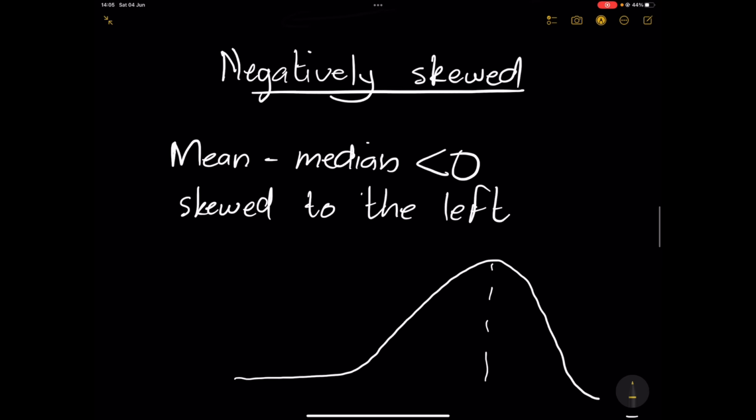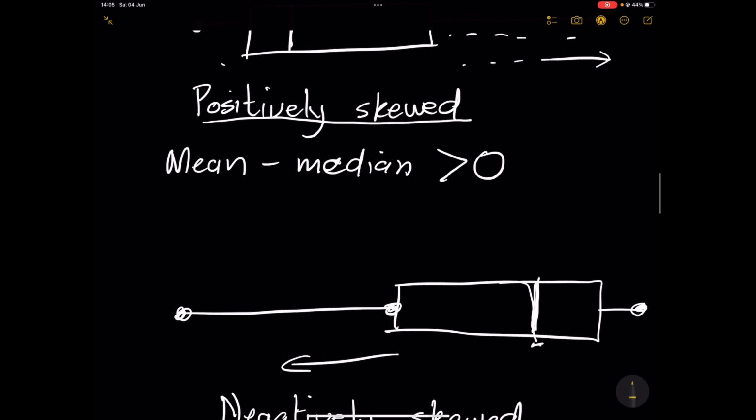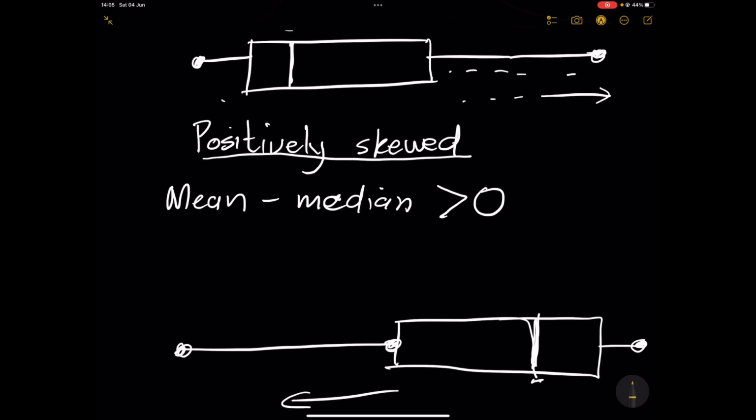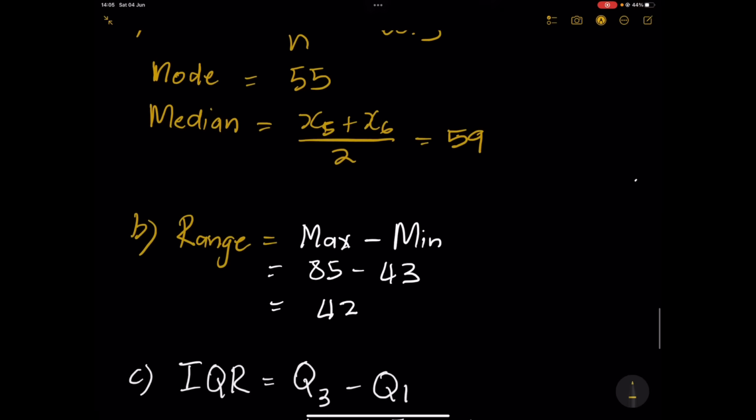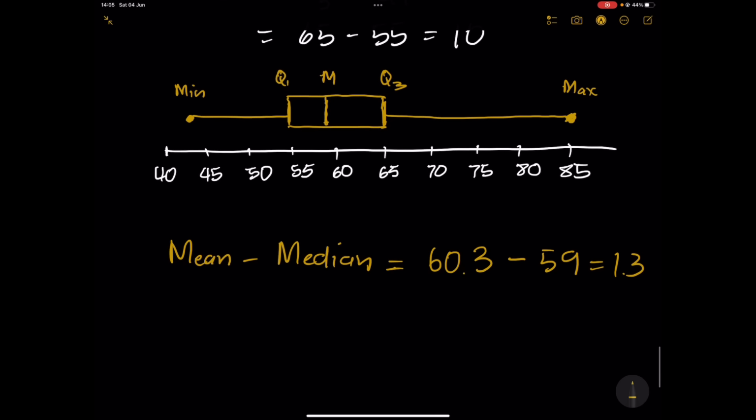We spoke about when the mean minus the median is greater than 0, it means that our data is positively skewed, or you can say it's skewed to the right. And you can already see that you've got a longer whisker on the right hand side. So we say that our data is positively skewed, or skewed to the right. Ladies and gents, I hope that makes sense.